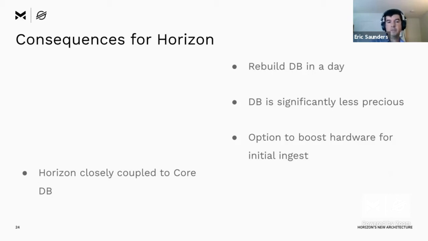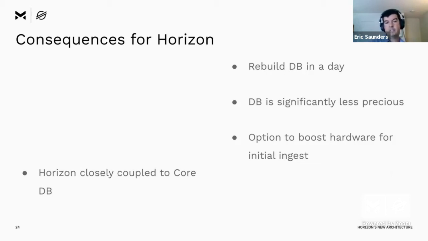Okay, and then the final thing was Horizon was closely coupled to the core database in the past. This is kind of a programmer problem, right? But it's an annoying one. Horizon is looking at Stellar Core's brain, essentially, and pulling out information from that brain. And that makes it very hard for Stellar Core to change what they do or change the schema without affecting Horizon. Now in this new model, Horizon doesn't look in Stellar Core's database about anything.